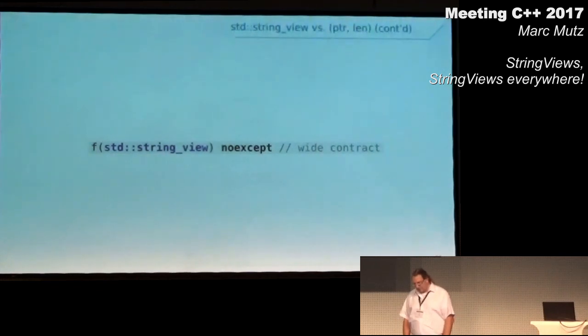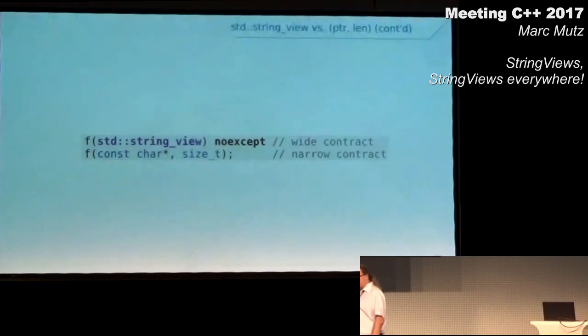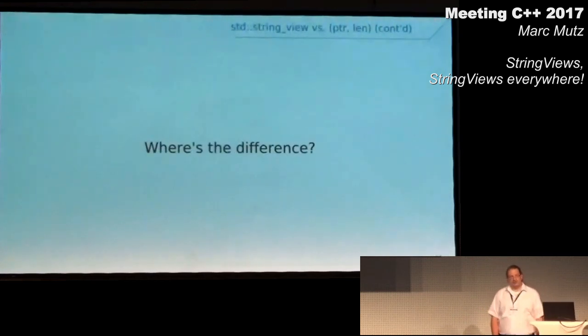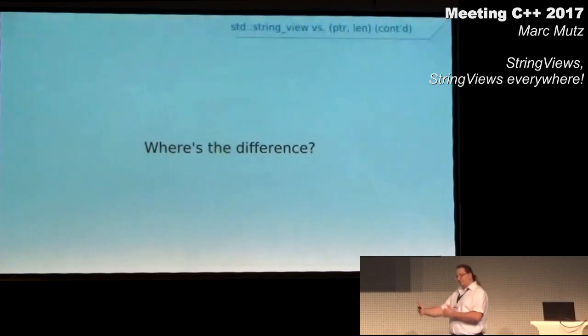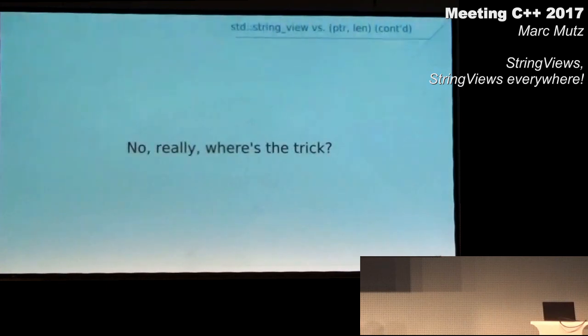So, here we have the two. One is a wide contract and the other one is a narrow contract function. One is noexcept, the other one is noexcept. Where's the difference, you ask, right? We talked the last 10 minutes about where the difference is, but you still ask where is the difference. So, no really, where's the trick?